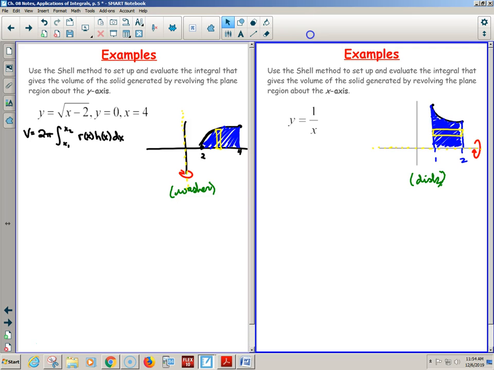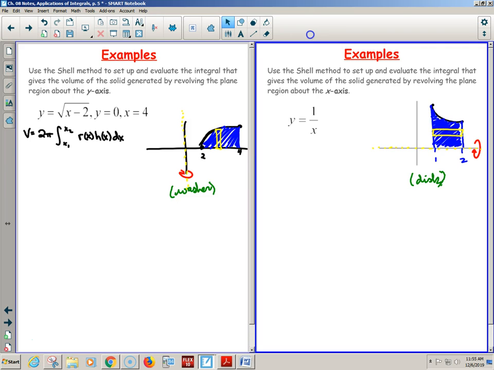y times. Oh, well, I think we have to change the bounds. It'll be minus 1/2 or 1/2, because x equals 1, y equals 1, and x equals 2, y equals 1/2.